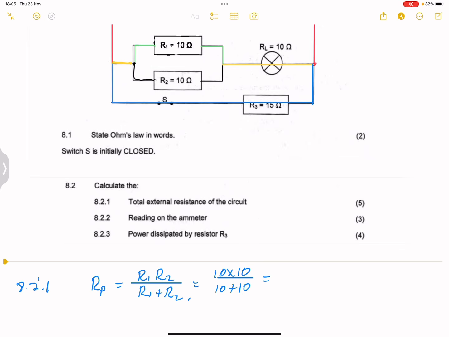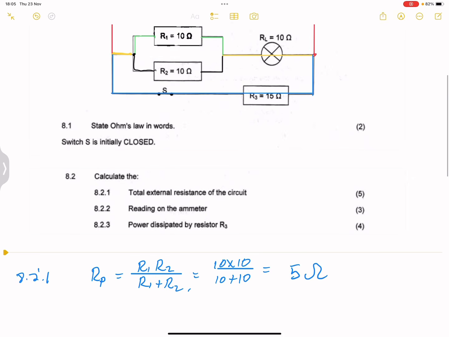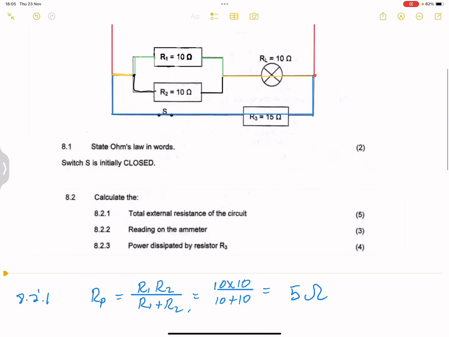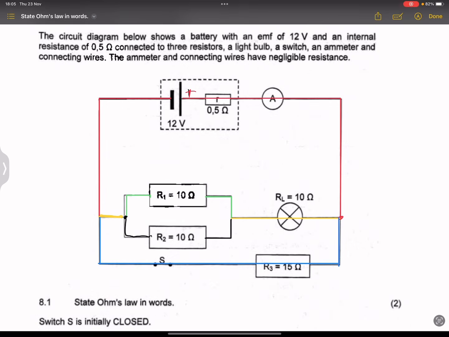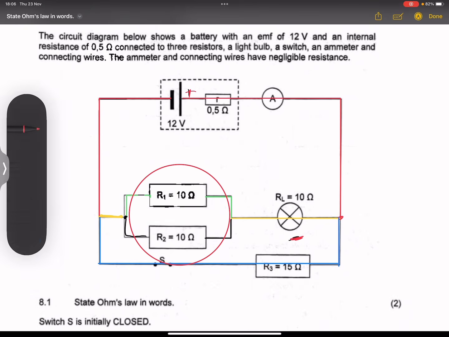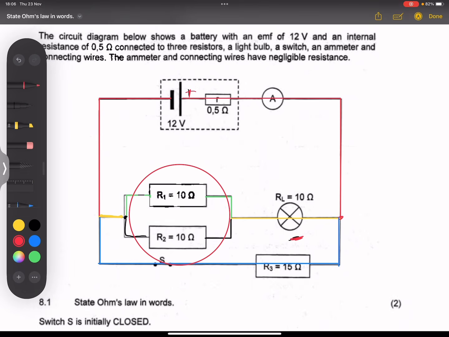That would give us 5 ohms, right? But we know that 5 ohm resistor is in series with RL. So these two made one resistor, which is 5 ohms, and now it is in series with that RL.